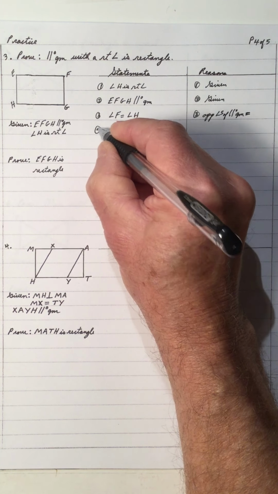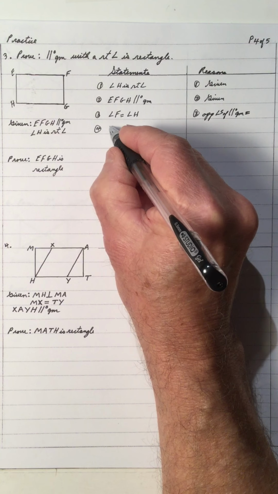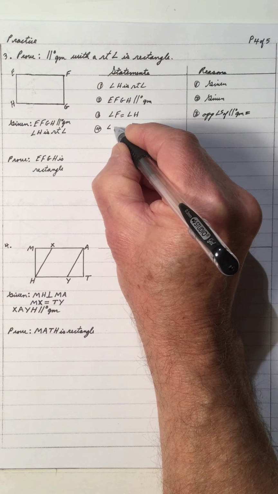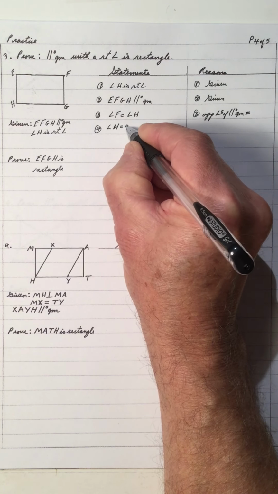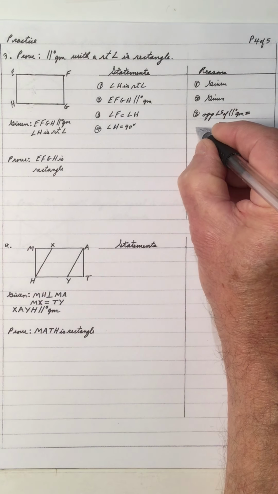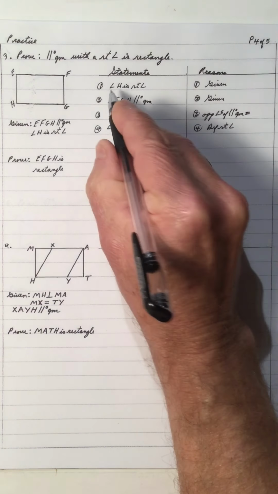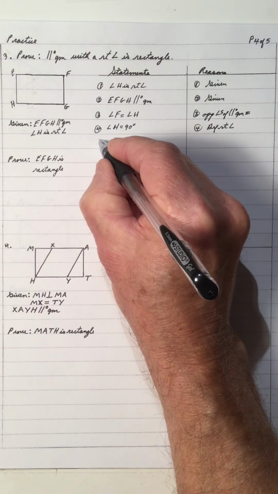That means that angle H is equal to 90 degrees. Definition of a right angle. Angle H is a right angle, so angle H is equal to 90 degrees. Definition of right angle.